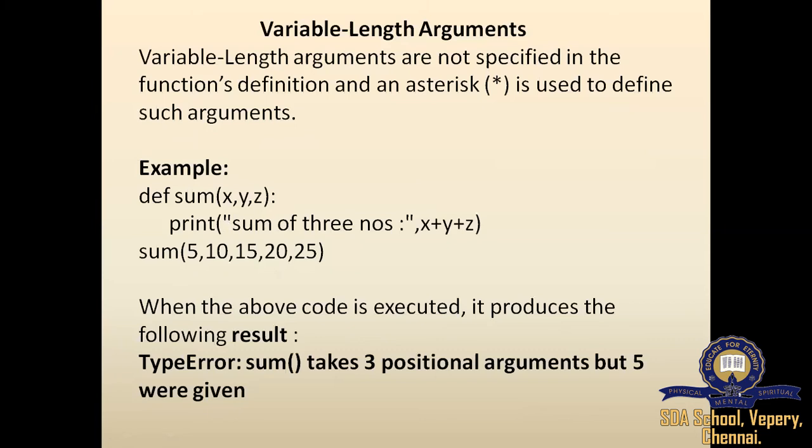Variable length argument. This is a new concept. Variable length arguments are not specified in the function definition, and an asterisk is used to define such arguments. Now look at this example here. Here the name of the user-defined function is sum.